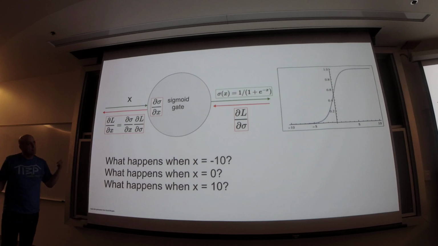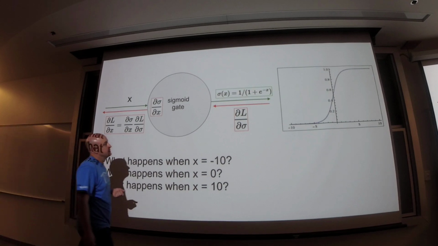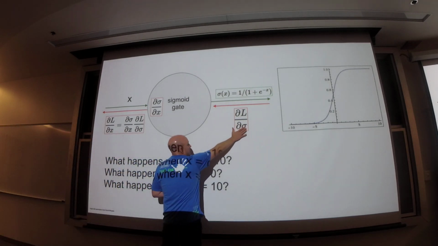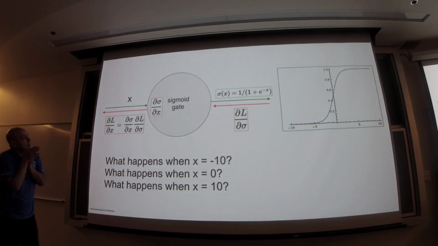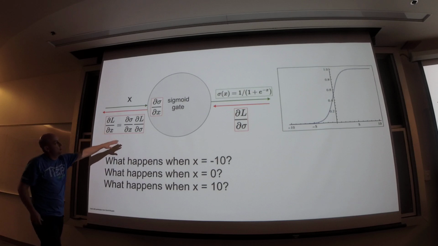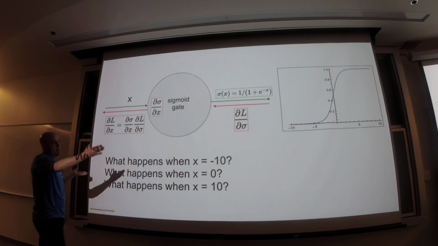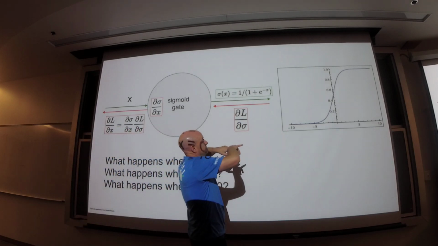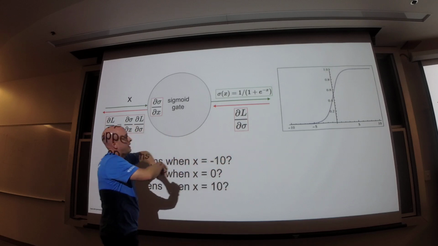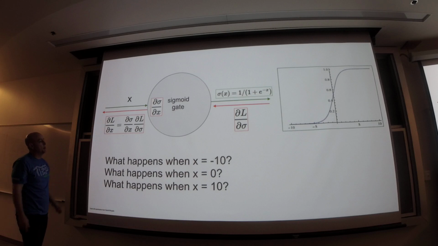So let's think about back propagation. Remember, I've taken my upstream gradient from the loss to this point in my network, and then I want to multiply that with my local gradient. So let's say that my activation here is a sigmoid, and I'm multiplying whatever my upstream gradient is now with the gradient from the sigmoid.